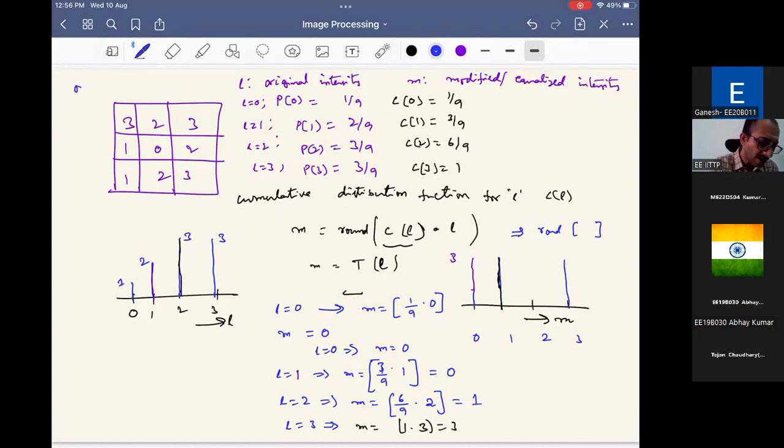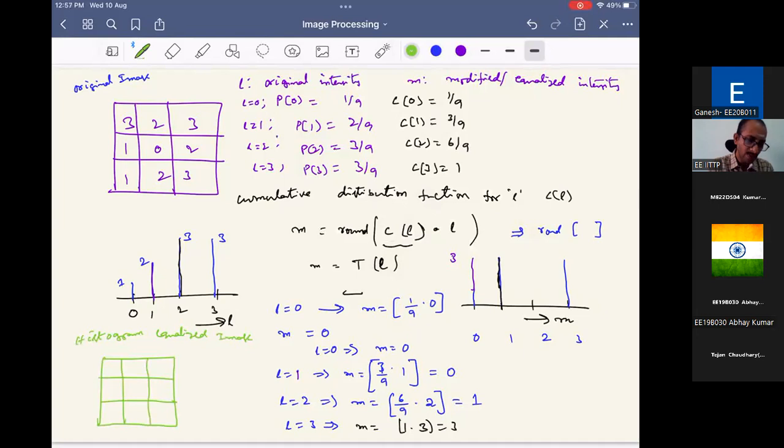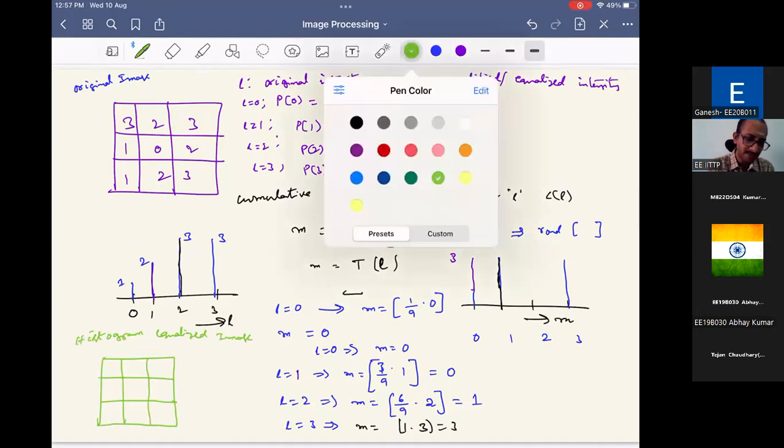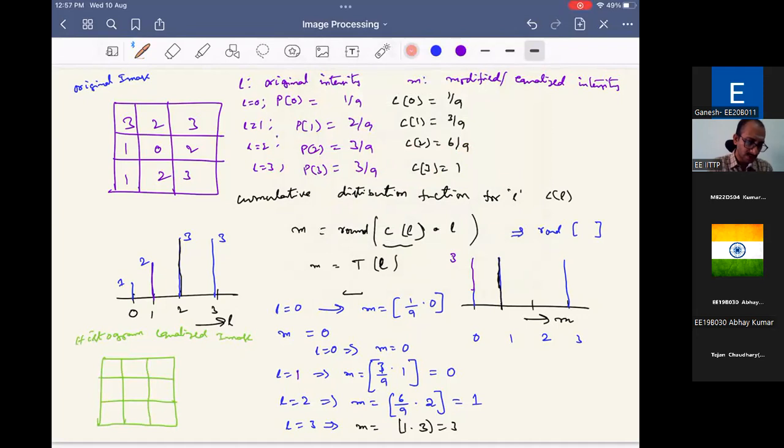Now this is the original image. So what is the modified, say the histogram equalized image? How does it look now?